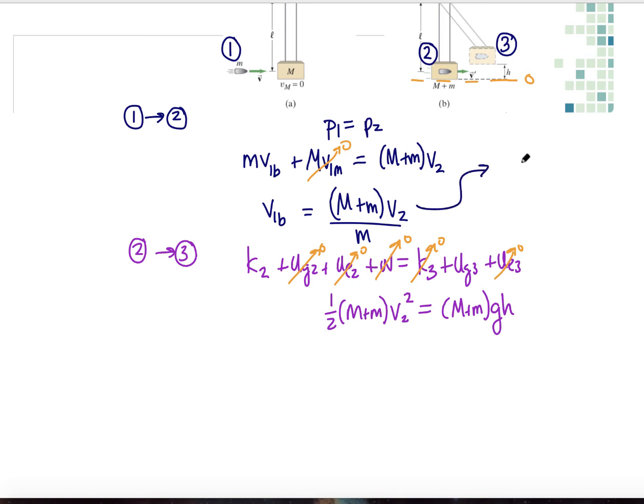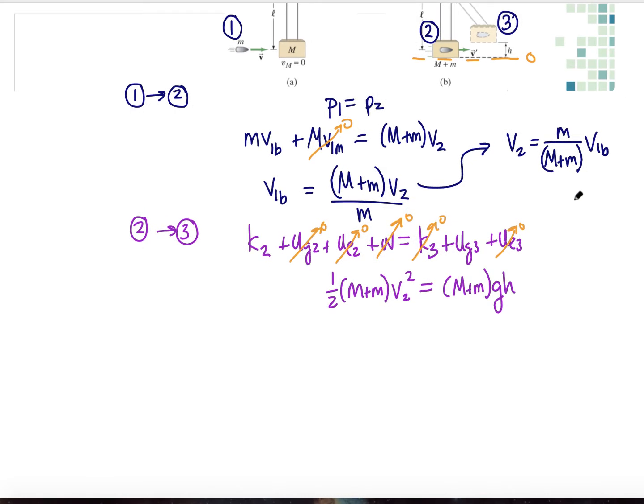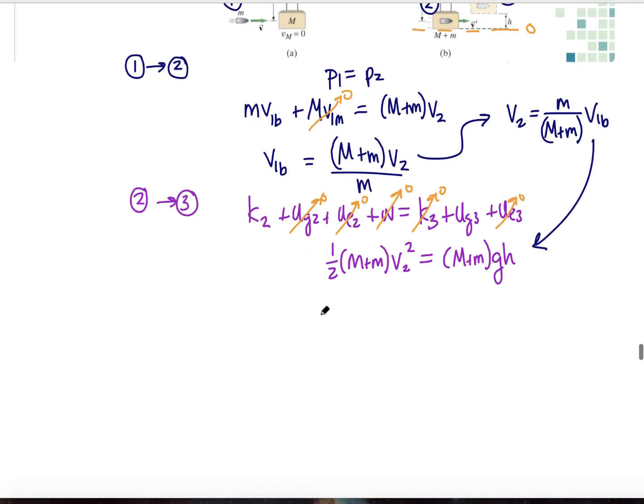I'm going to rearrange this again, and V2 is equal to little m over big M plus little m times V1 of the bullet. Now we're going to substitute this into this equation. What we end up with is 1/2, and we can cancel out the big M plus little m.